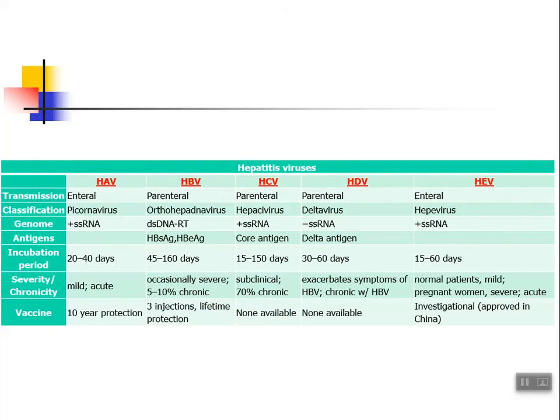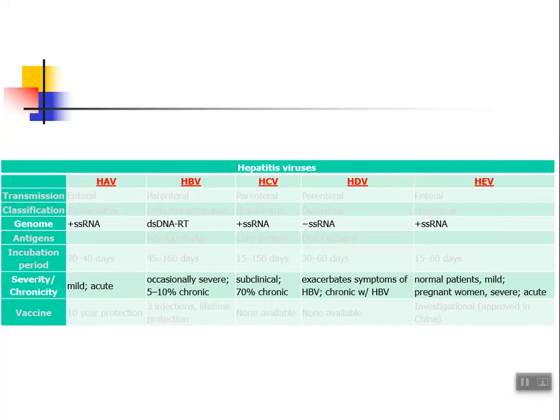When I talk about hepatitis B and C, these are the 2 examples of chronic hepatitis. I want to highlight 2 points. The genome of hepatitis B is DNA, while the genome of hepatitis C is RNA.